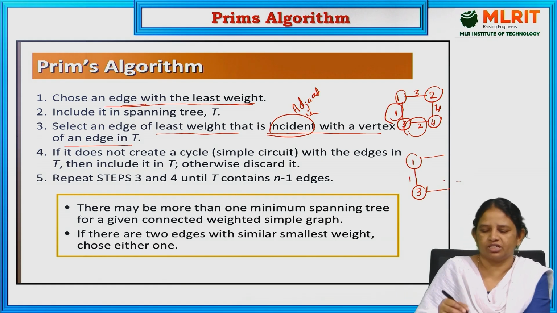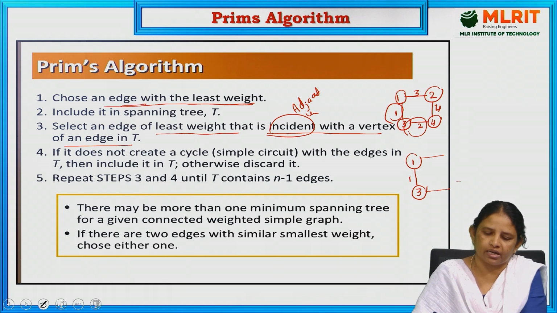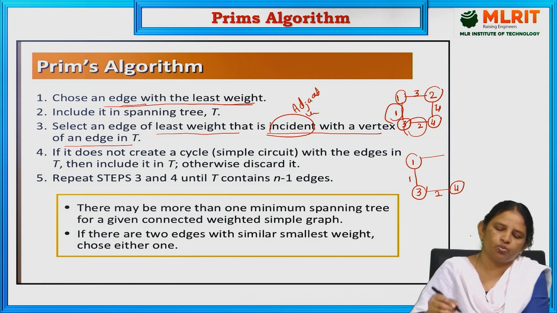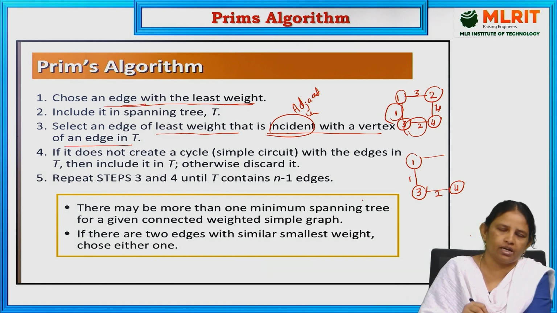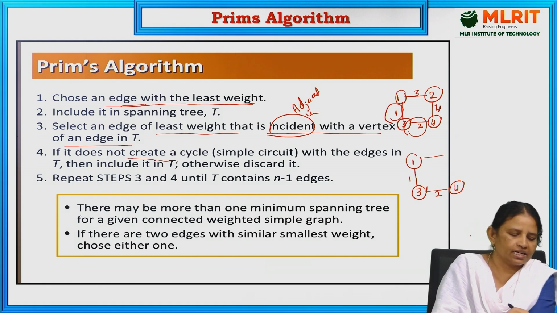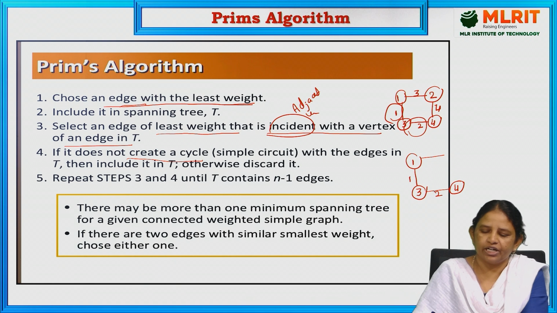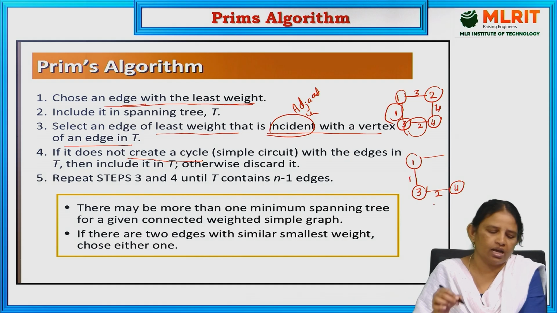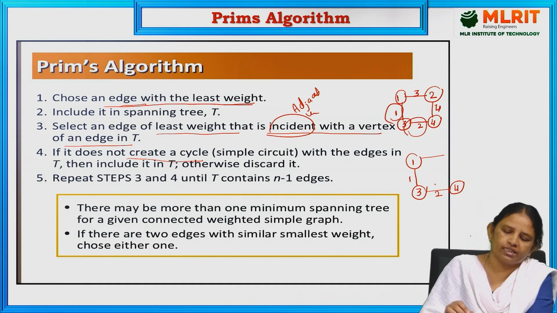That edge must be included in the spanning tree. Among 1 to 2 and 3 to 4, 3 to 4 has the least weight, so it is included in the spanning tree because it has the least cost. Also, before adding it to the spanning tree, we need to verify whether it creates a cycle or not. 3 to 4 does not create any cycle. That means there is no closed path in the spanning tree. Then we include it in the spanning tree.